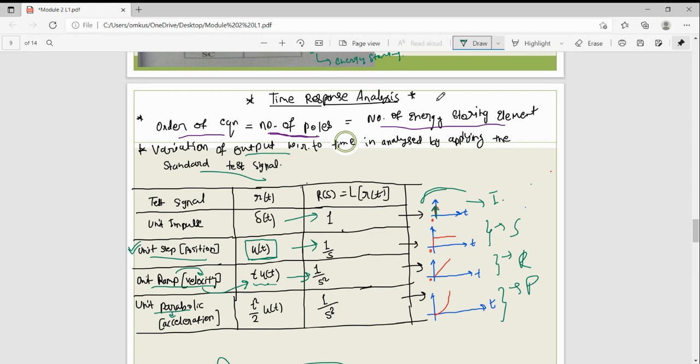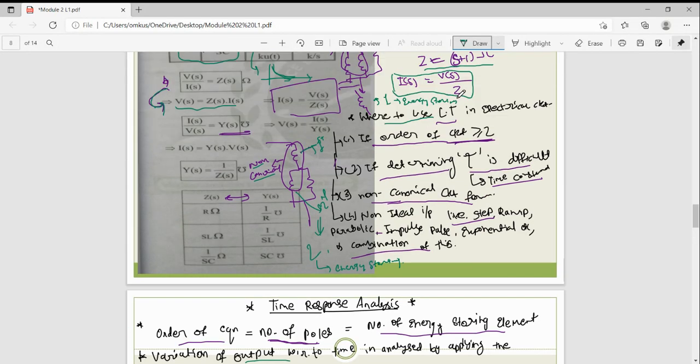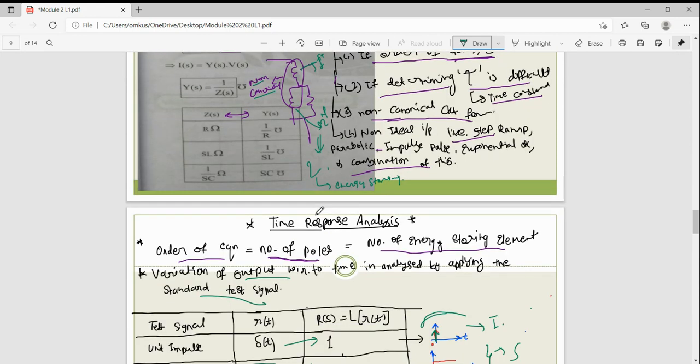If you identify any one of them, the other two are already known to you. If the circuit is given and you observe that the circuit is non-canonical form, how many storing elements are in that circuit? For example here, only two, this is a non-canonical form, so only two storing elements. So I can say that the order of that equation is two, and similarly the number of poles is two.